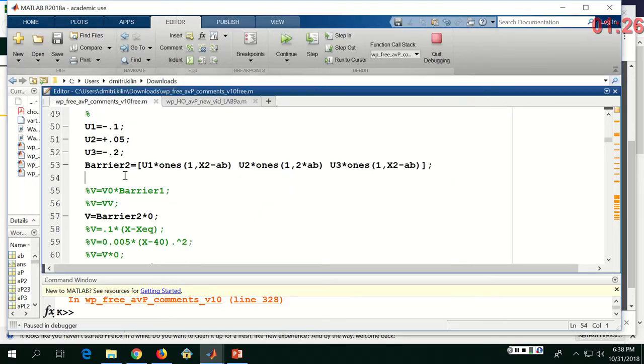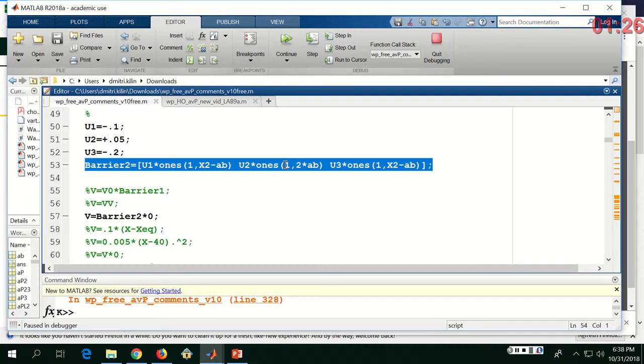So, see, there are commands, ones. It is a command to populate an array with ones.